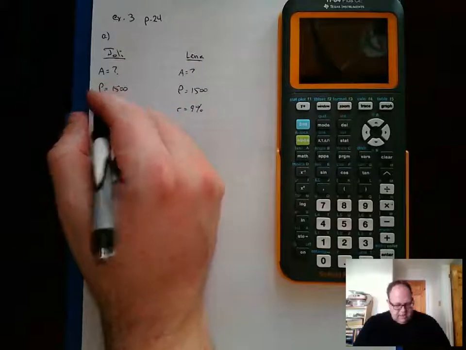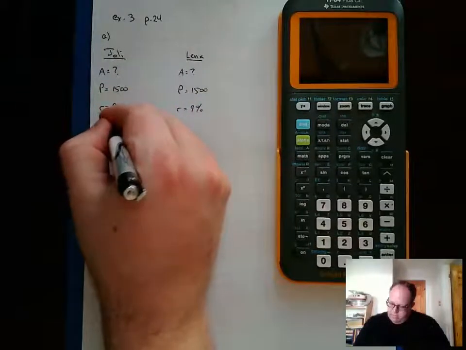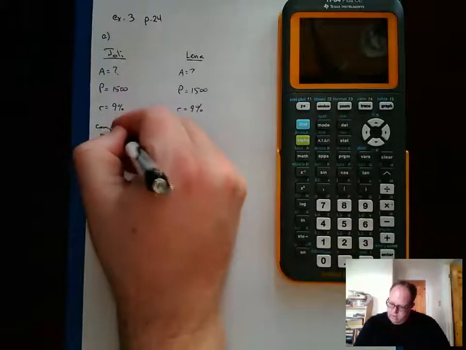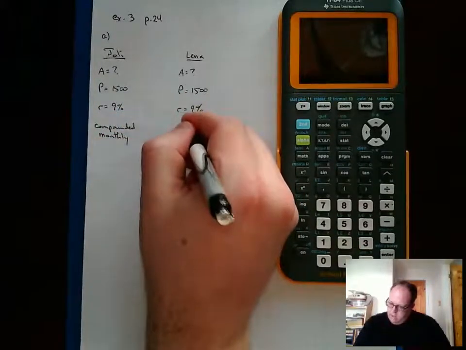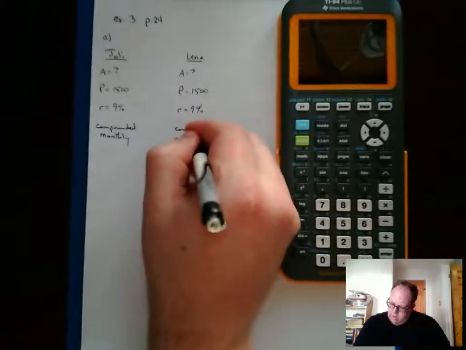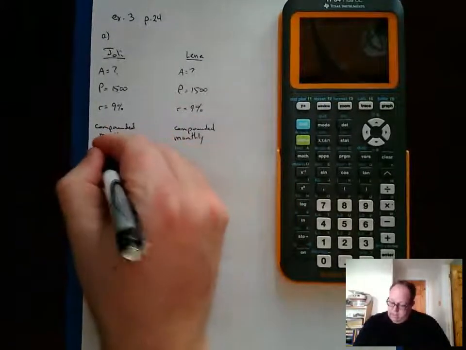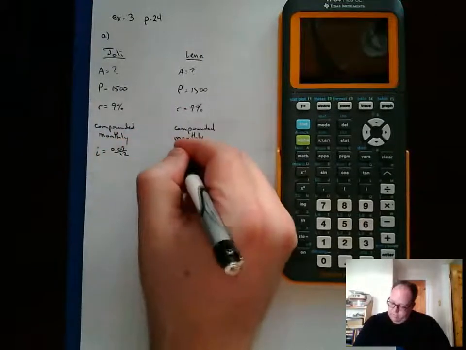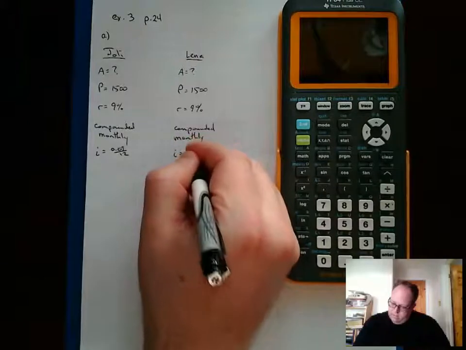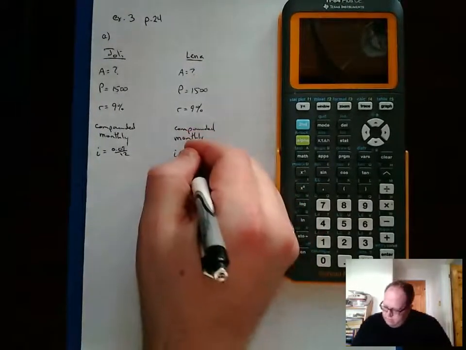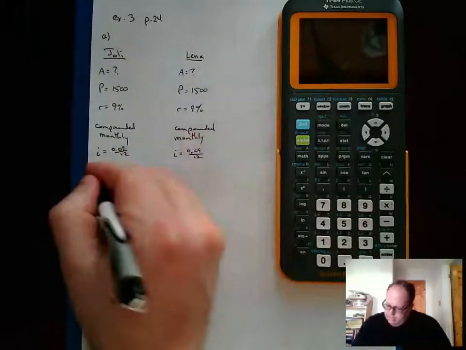And in each case it is compounded monthly. So in each case my i value would be 0.09 divided by 12. Where there will be a difference is in n.